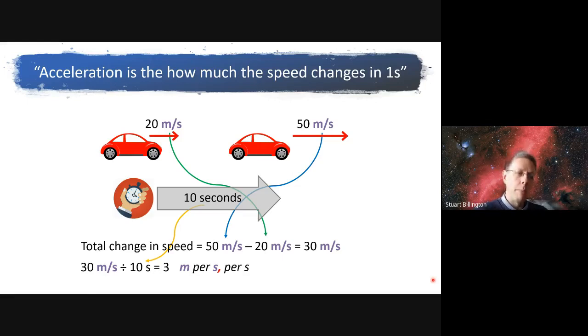So remember to pause. Your speed is changing by 3 meters per second, per second. How would we write that? Well, even more confusingly, we'd write it like that. m/s/s, which really should make you feel uncomfortable.